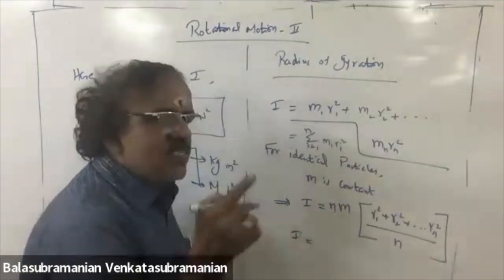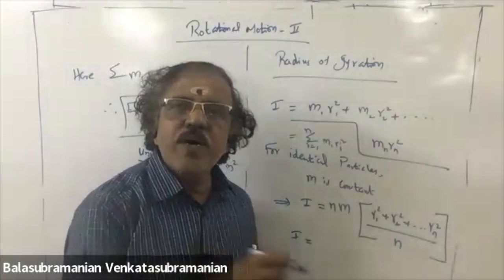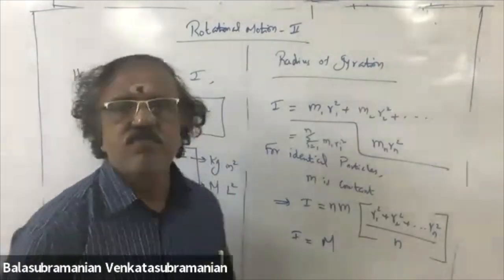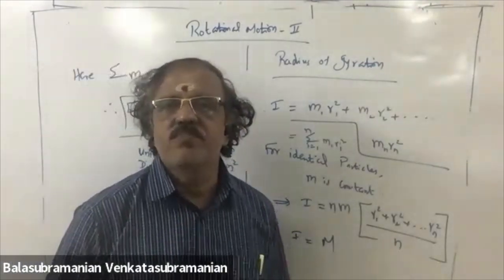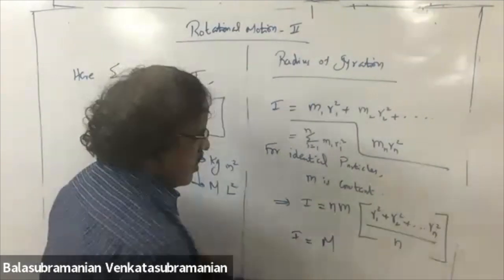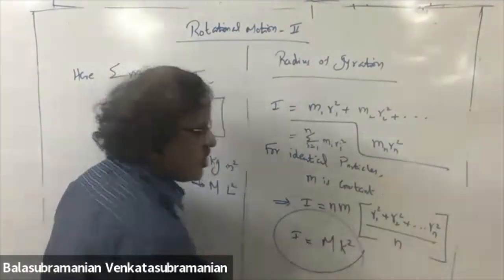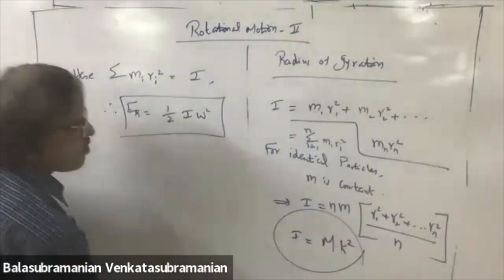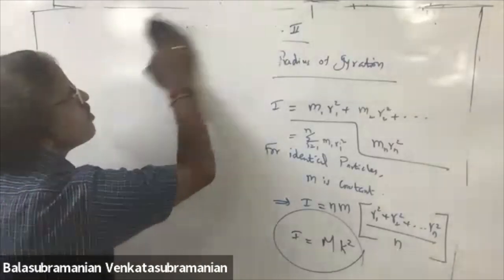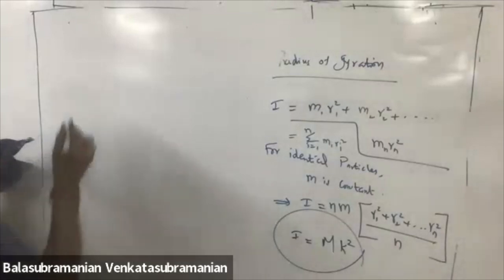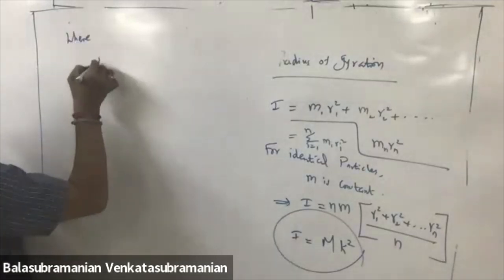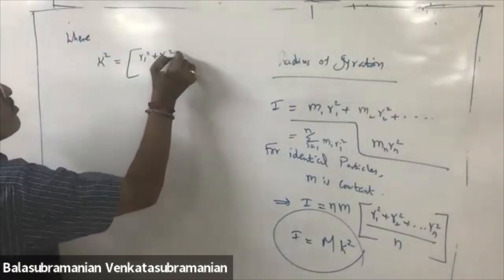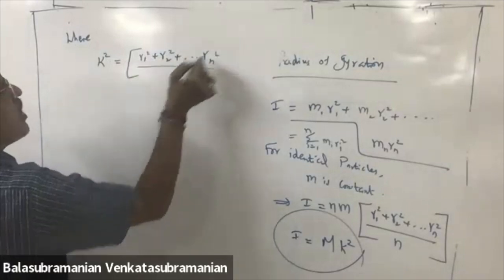One particle's mass is m. We have n particles in the system. So I can say nm is the total mass, capital M. I is equal to M k square, where k square is r1 square plus r2 square plus rn square by n.